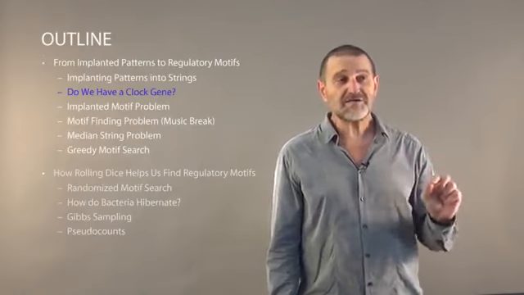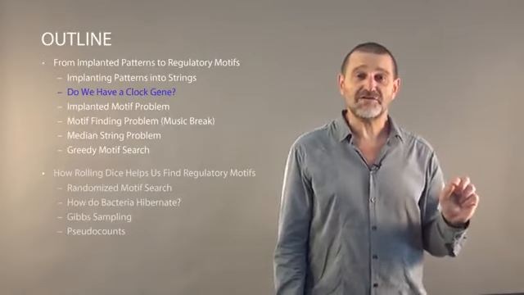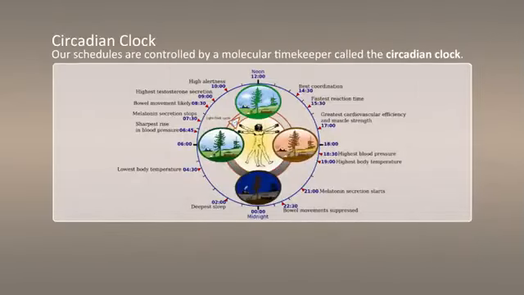My next question will be, do we have a clock gene? Think about our daily schedule and think how our life depends on day and night. In every cell, we probably have to express different proteins depending on what time of the day it is.